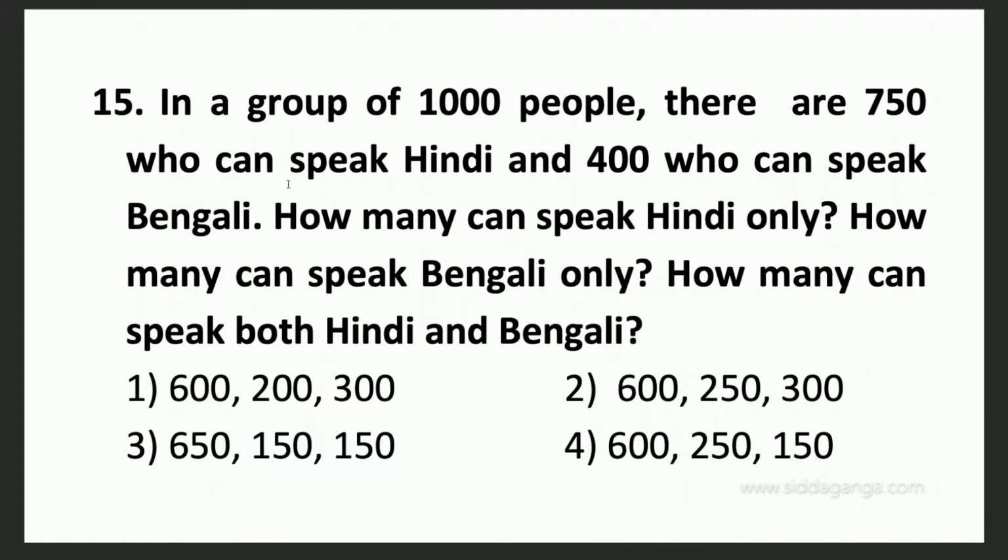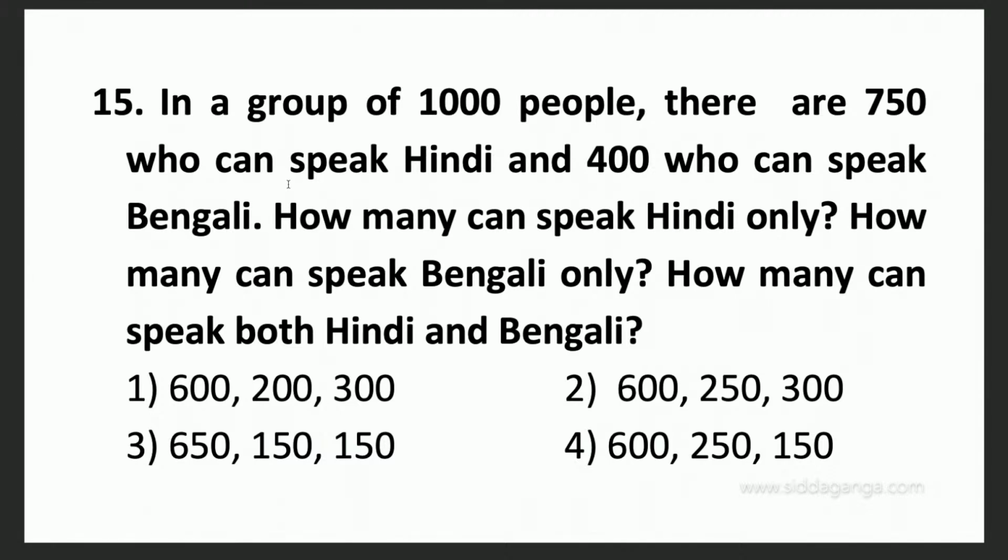So what he has given: in a group of 1000 people, 750 can speak Hindi, N of H is 750. 400 speak Bengali, N of B is 400. In a group of 1000 people, that I can represent as N of H union B, 1000. This is the given data.